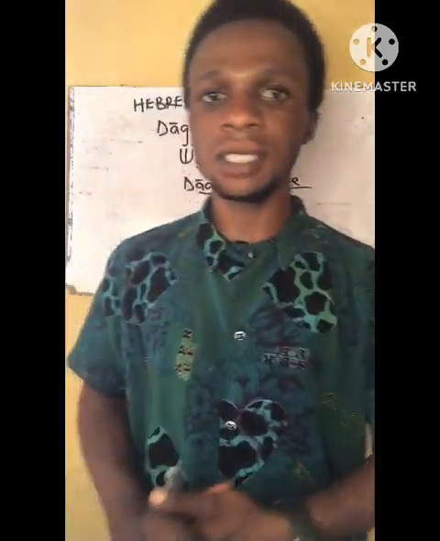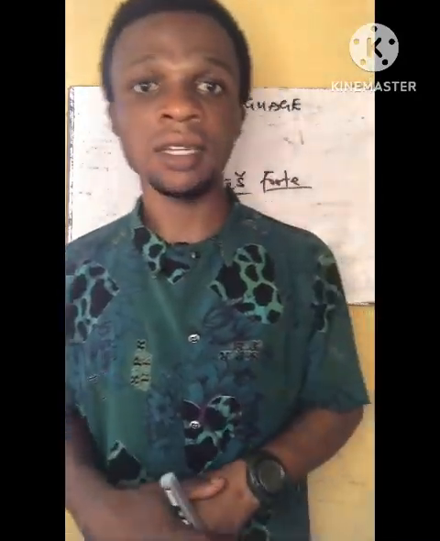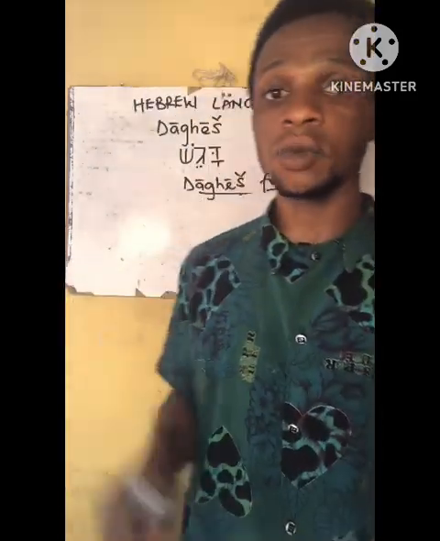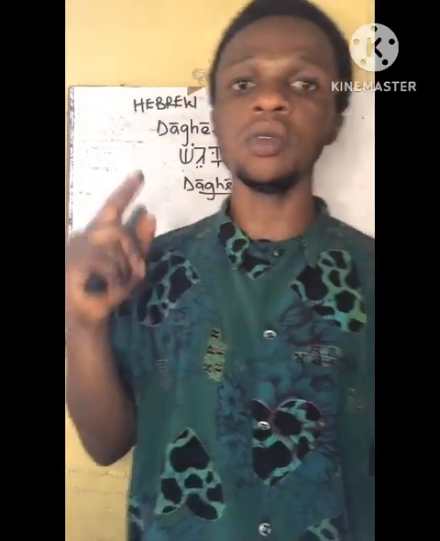Some letters cannot take this Dāghēš fort at the middle. So what are these letters called? These are what we call the guttural letters. These guttural letters are called the throat letters. There are 4 of them. The first one is Aleph. The second one is He. The third one is Het. And the fourth one is Ayin, which I'll write here.